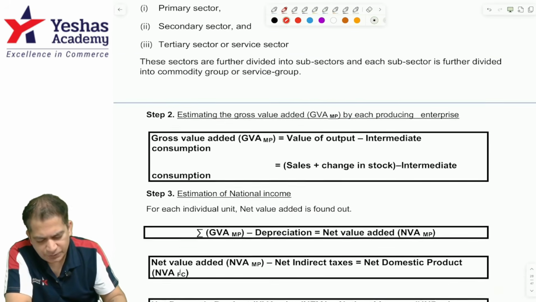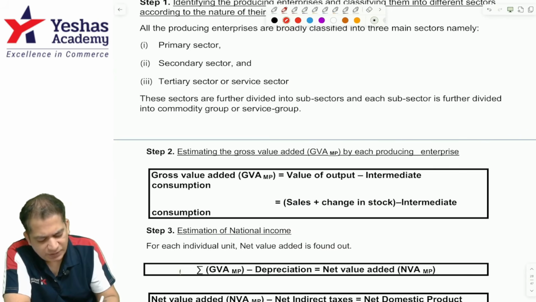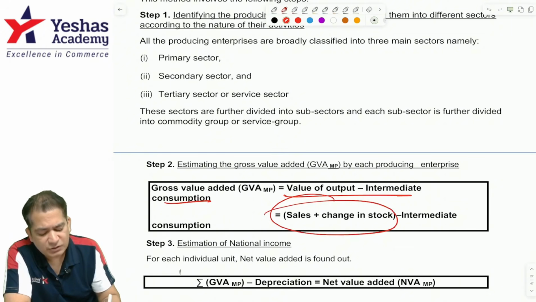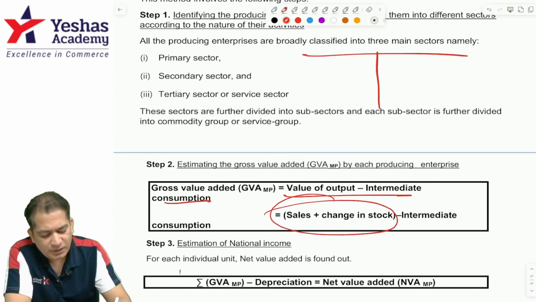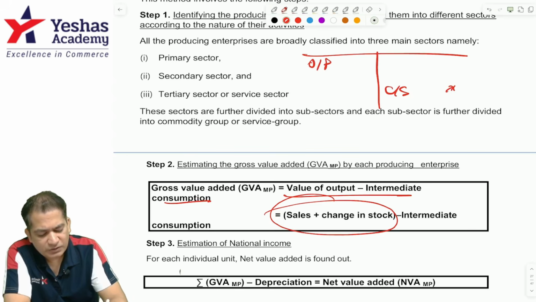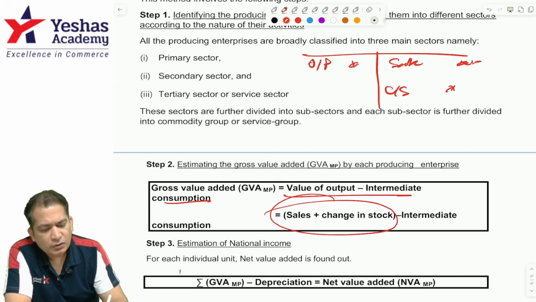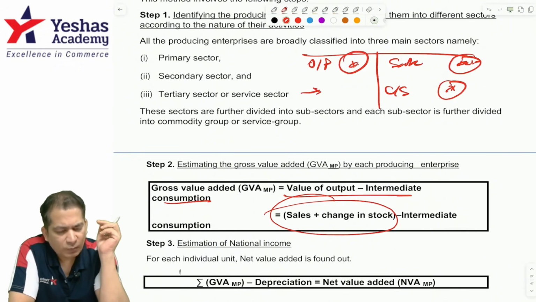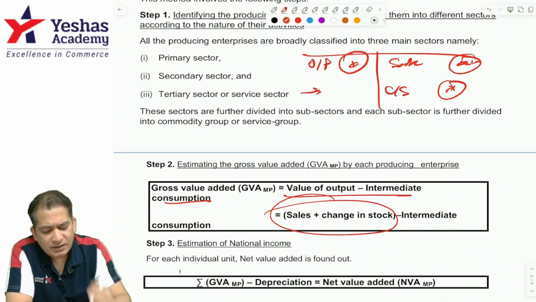So you see here, through the value added method, value of output minus intermediate consumption is nothing but sales plus change in stock minus intermediate consumption. Because you remember, this is your closing stock value, this is your opening stock value, this is your sales value. So what is left? Sales plus closing stock minus opening stock. Don't you think what you get here is value addition?